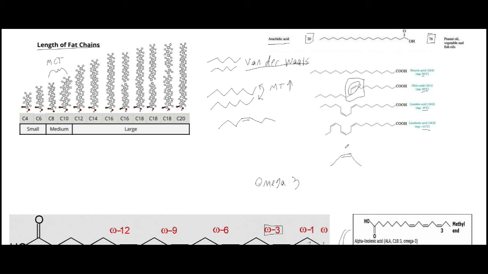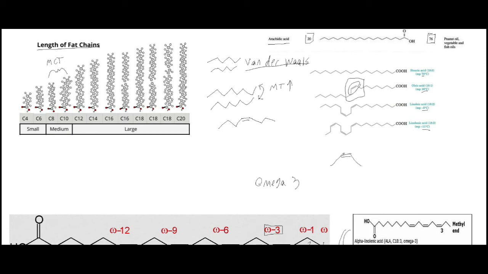so as I described in an earlier video, we cannot have any sort of turning around this bond, because this double bond prevents any kind of rotation around this, and so we don't get any rotation.